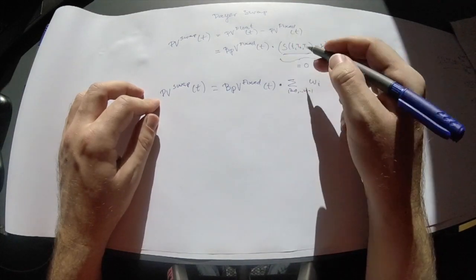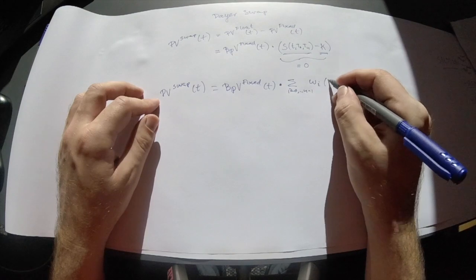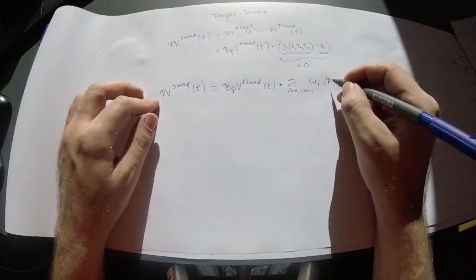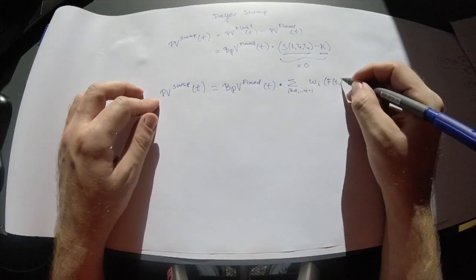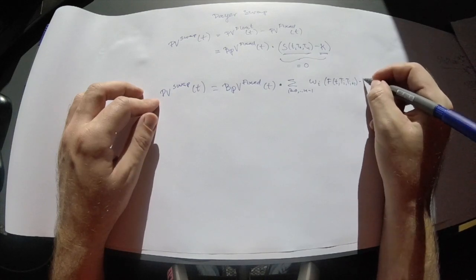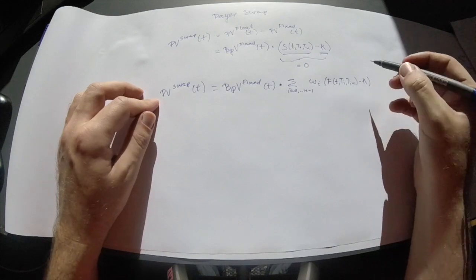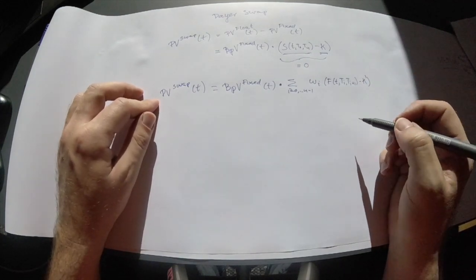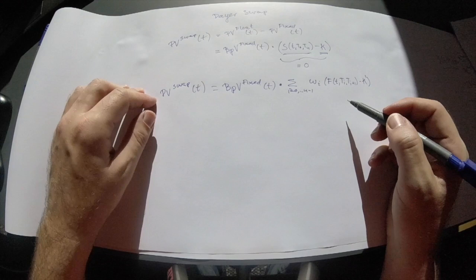But now we're going to receive floating payments and pay fixed, so we can now express the swap value as the current forward LIBOR rates minus a contractual rate.